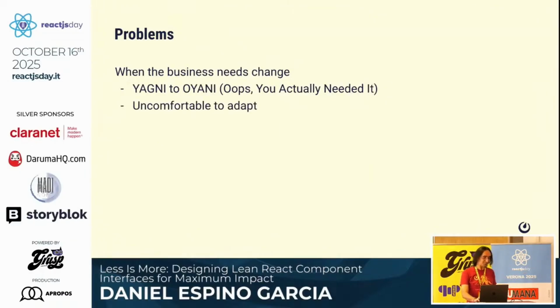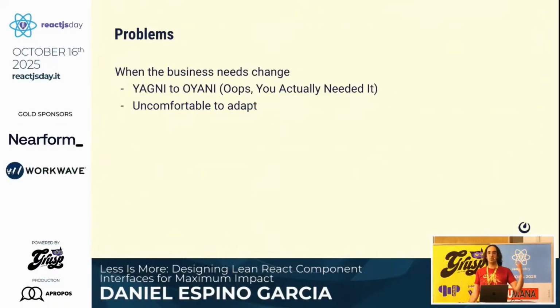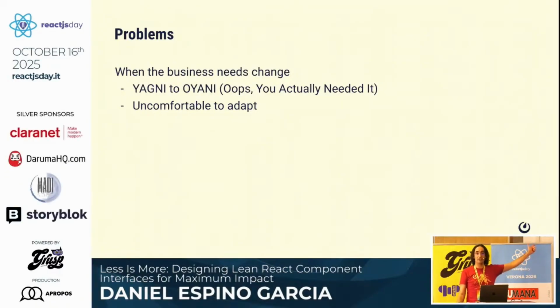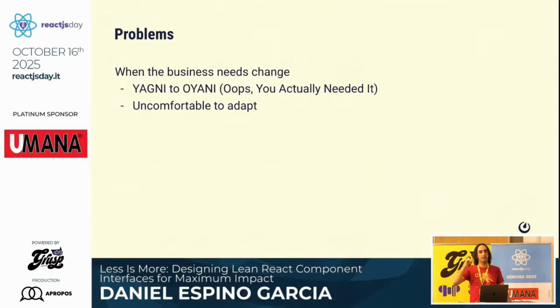And then it's really uncomfortable to adapt because, let's say, you want a green button. Now it's not passing a style that says, hey, the button now is green. No, you have to say, okay, I have a green button. I have to add a new type. I have to implement it below.